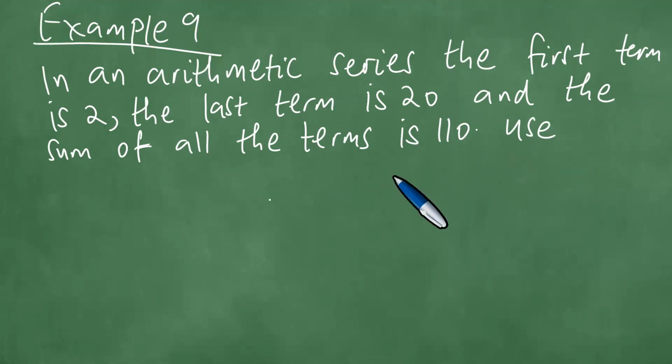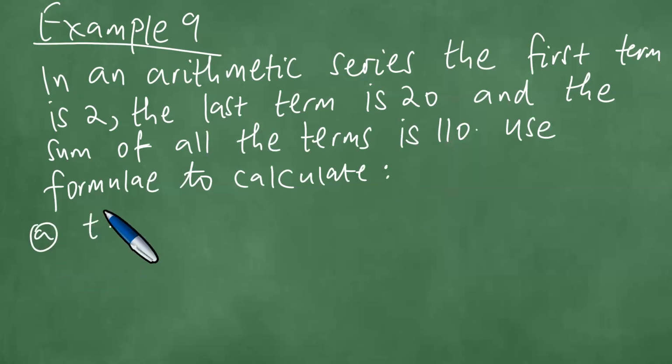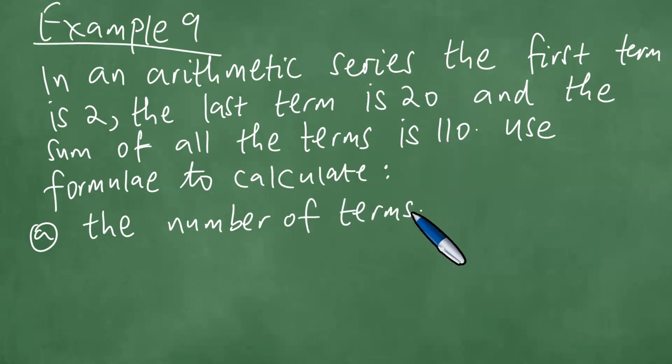Use the formulae to calculate A, the number of terms, the common difference, and the seventh term. The marks are 3.